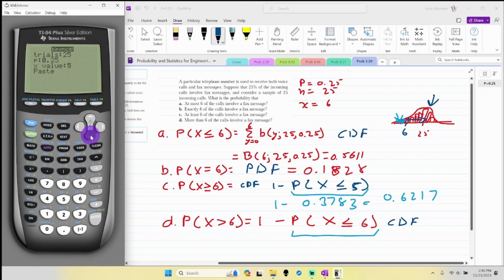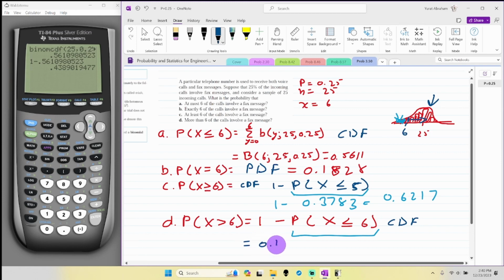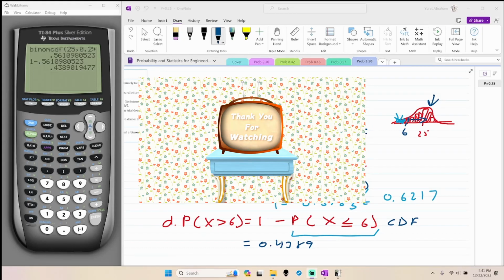Probability is 0.25. The value x is 6. Paste. Enter. And of course, it's going to give us the same answer as the first problem because it's similar. However, we want to do 1 minus. I'm going to go up here and click here up. Enter. Enter. And it's giving us 0.4389.